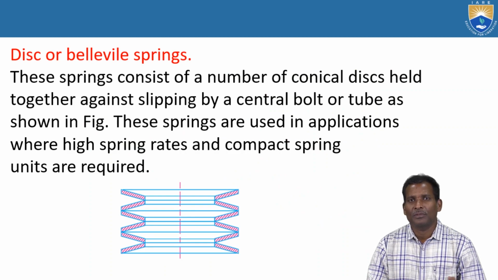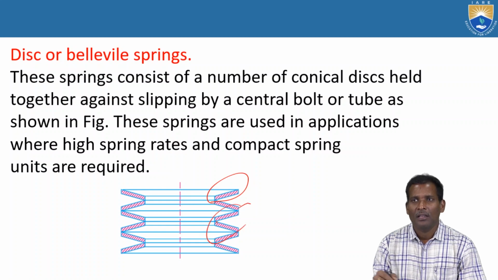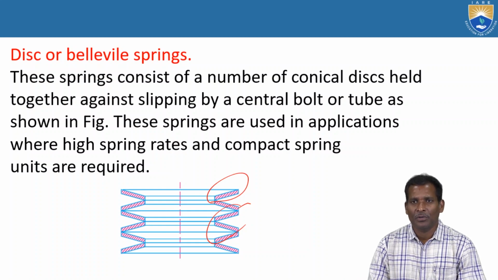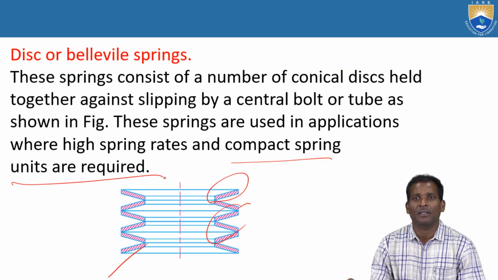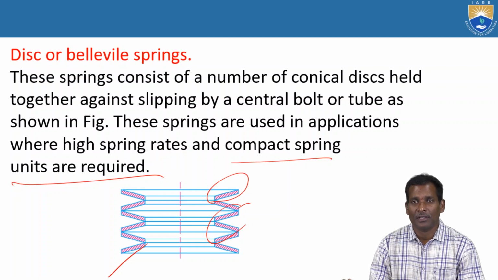The next type of spring is disc or belleville springs. These types of springs consist of a number of conical discs. A number of conical shaped discs are held together against clipping by a center bolt or tube, as shown in this figure. These springs are used in applications where high spring rates and compact spring units are required.